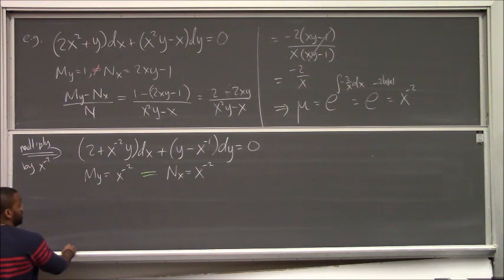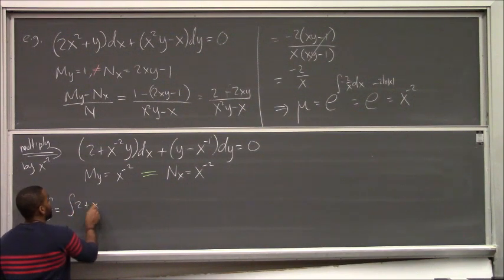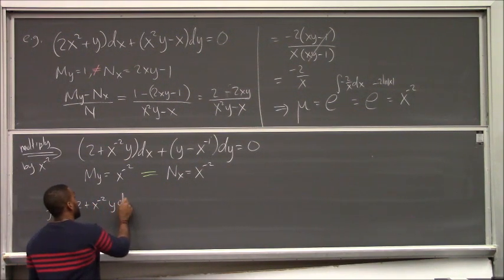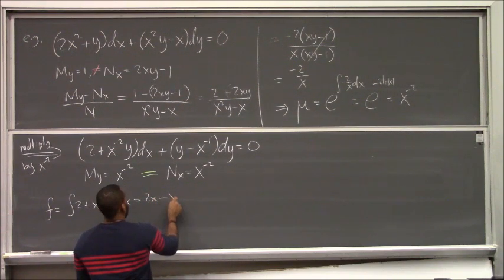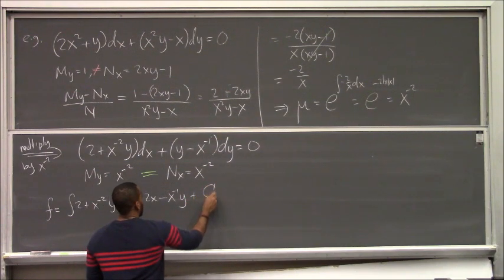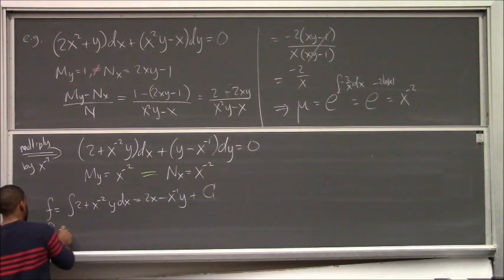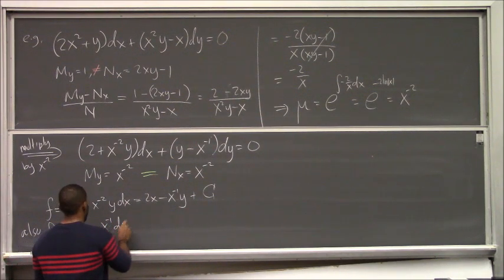So now it's exact, and now we can actually solve it using the other method. So f is going to be the integral of 2 plus x to the minus 2 y dx, which is 2x minus x to the minus 1 y plus some constant that we don't really care about. F is also going to be the integral of y minus x to the minus 1 dy.